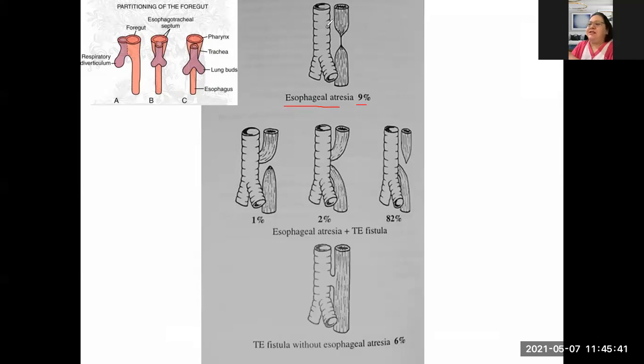So this means that here, this is your esophagus. Okay, your esophagus. And this is your trachea. Okay. There is a form of atresia, and this is the area of atresia, where it did not form properly.